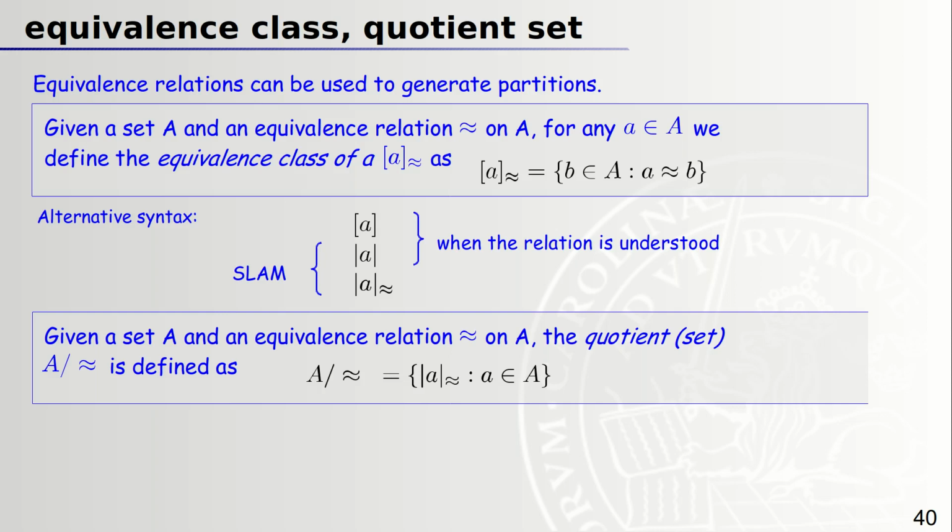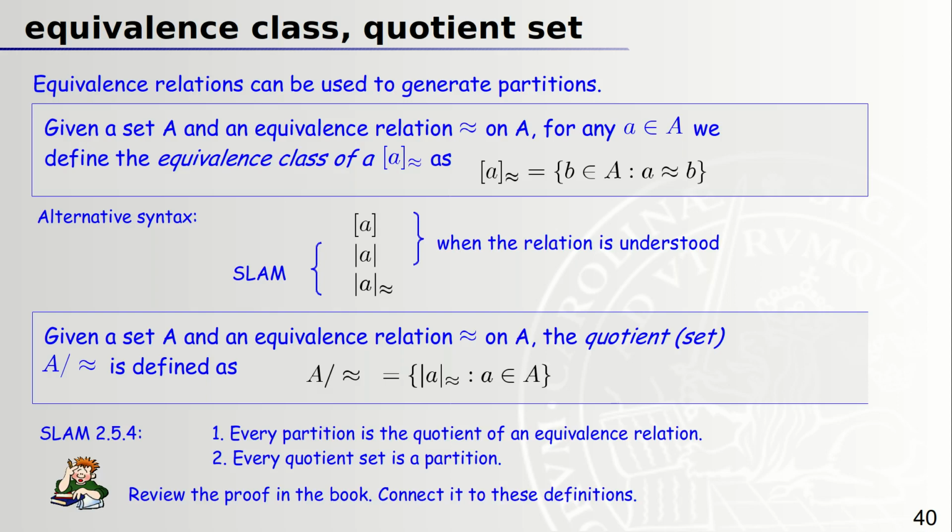With this, we can define the notion of a quotient set of A divided by an equivalence relation as the set of all equivalence classes for all the elements of A. The connection now to partitions is that the quotient set is a partition of A. Also, it is always true that any partition of a set can be used to define an equivalence relation such that the partition is its quotient set.